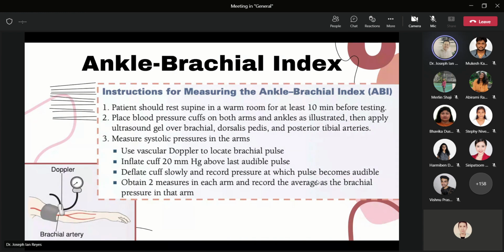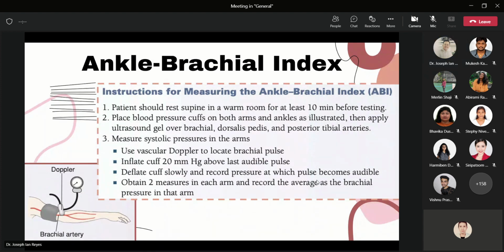So if you use your Doppler, it will make a beeping sound, so you will know. Obtain 2 measures in each arm and record the average as the brachial pressure in that arm. So later I'll be showing a table where you can put your data. Then from that data, you can input it to a calculator.